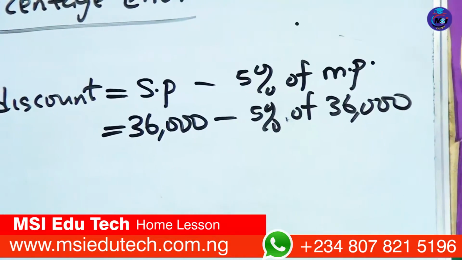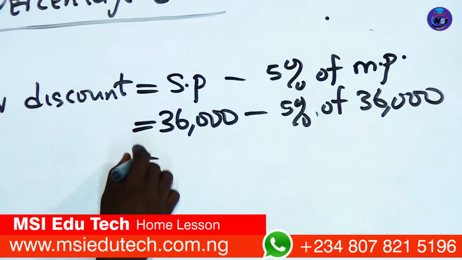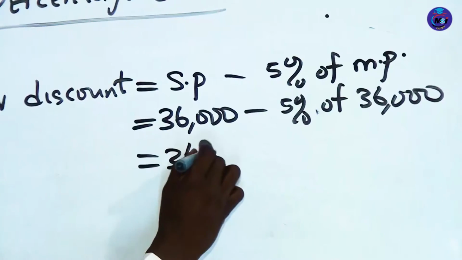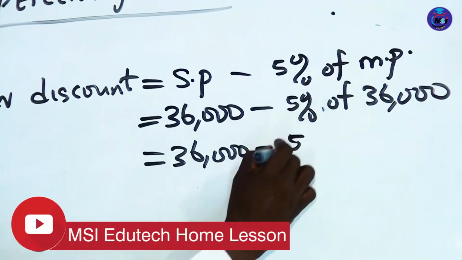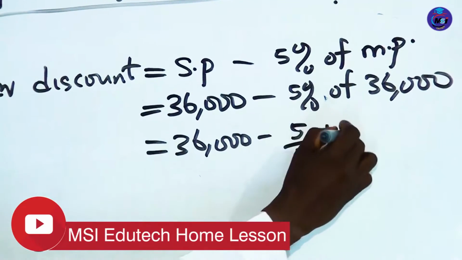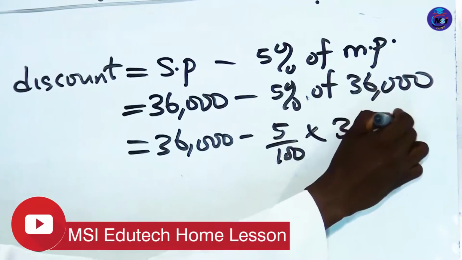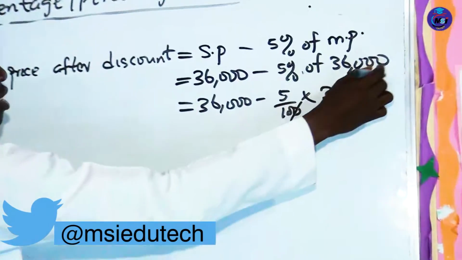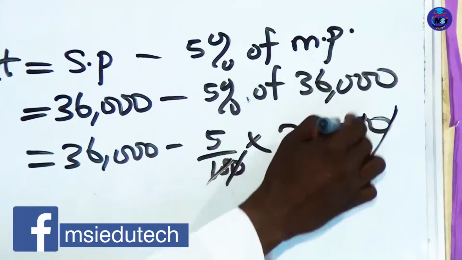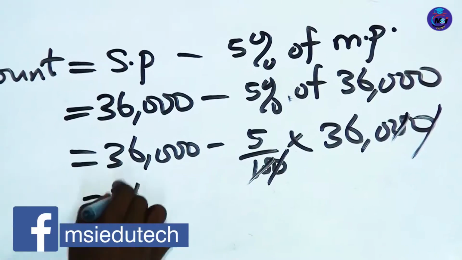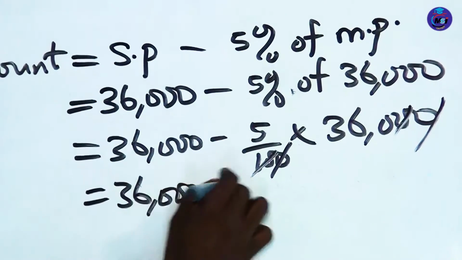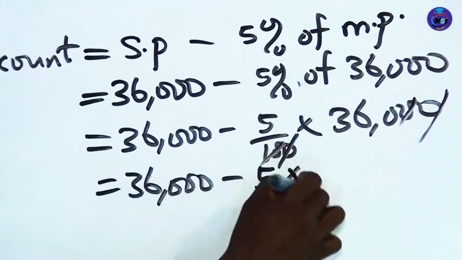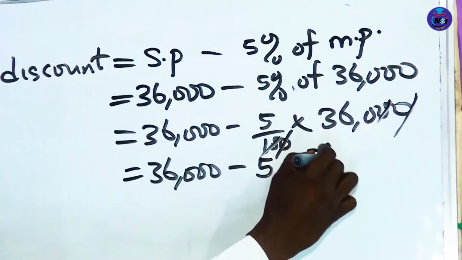Okay, now this will give us 36,000 minus 5 all over 100 times 36,000. Okay, now let's solve this out. 0 cancels 0, 0 cancels 0. We are left with 36,000 minus 5 times 360.